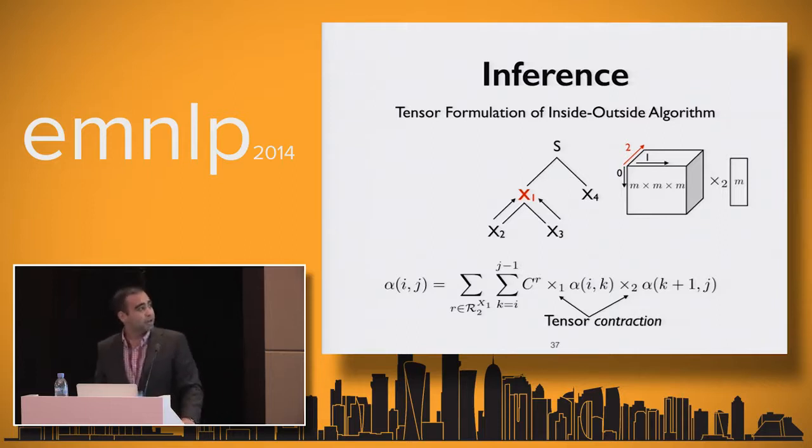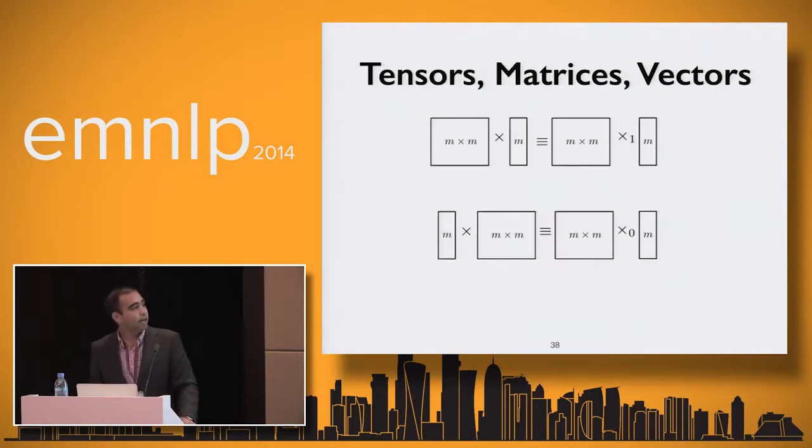And so the basic idea over here is that along the second mode, corresponding to the second child of that particular non-terminal x1, we're going to multiply a vector that represents the alpha term along that second mode. So we're going to fix everything else in the tensor and multiply along that. And by that, we're marginalizing over the latent states. The intuition is actually fairly similar to matrix multiplication, as you can see here.